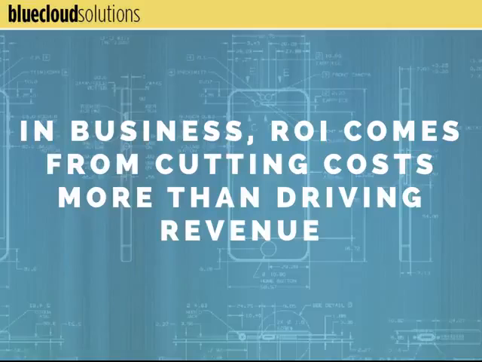And lastly, in business, the return you get often comes from cutting your costs more than driving revenue. So when you're thinking about buying source code, it's really easy to say, well, if I just pile more into my portfolio, obviously I'm going to make more money. And I'm telling you right now that can happen, but often your return and your profit margins are also going to come from being very smart and understanding what your operations plan looks like and how much work you're going to do.